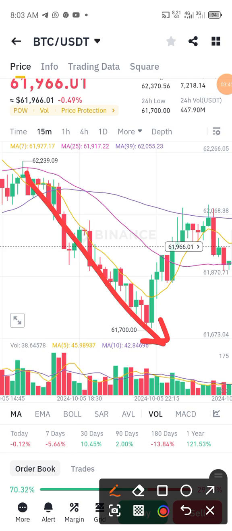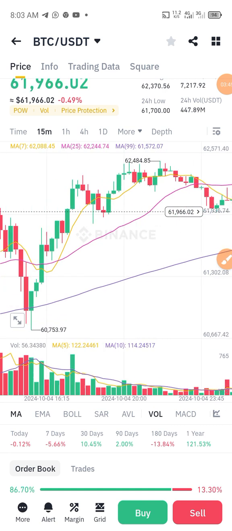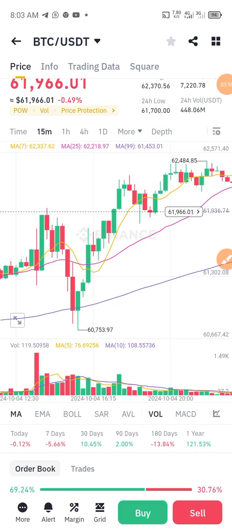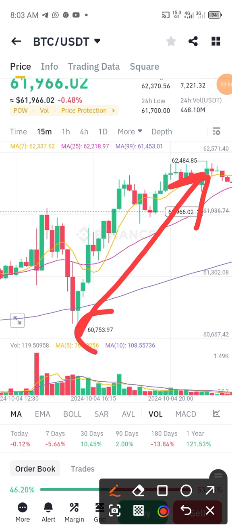Then let me take you backward again. You look at this 60, which has taken an upward trend, from this 60 to this 62. How many minutes, intervals or hours did that take?